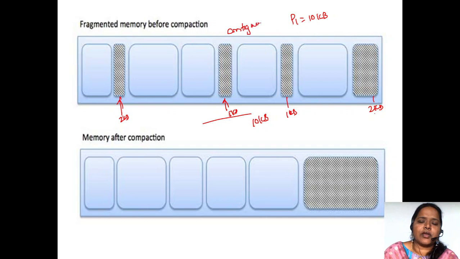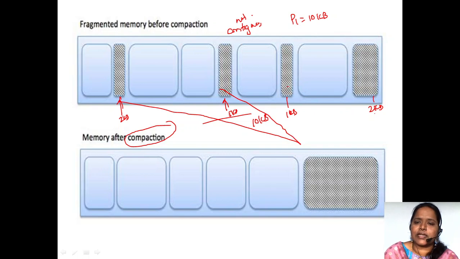Now I am doing the concept of compaction. Whatever spaces are there, I am bringing all the spaces together to one point so that it totally becomes 10 KB. Now if a process P1 needs 10 KB, I can accommodate that process P1 over here.